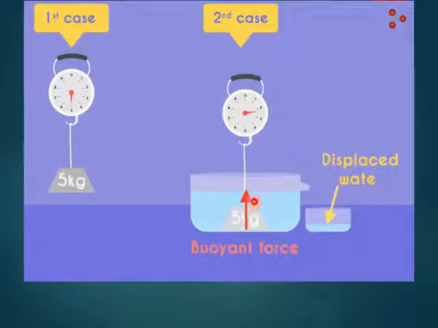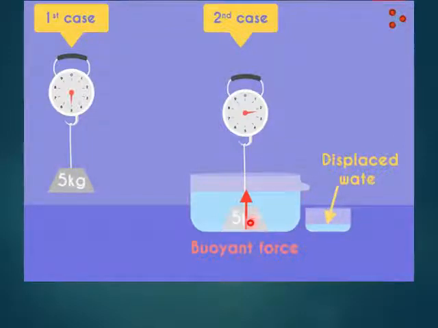Okay, so syempre dito kung sasahurin natin yung water na mag-overflow, yung space na dating ino-occupy ng water, pinalitan nitong object. Kaya yung water na yun na pinalitan ng object, okay, ang tawag doon ay displaced water. Okay?